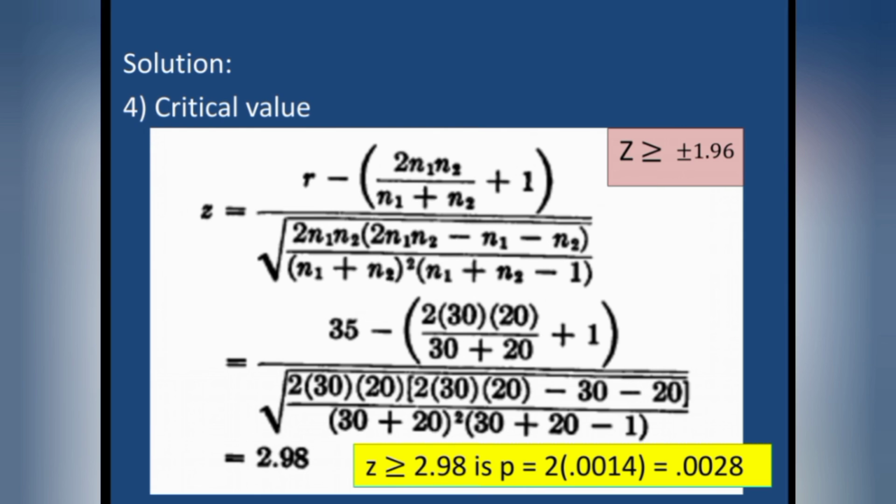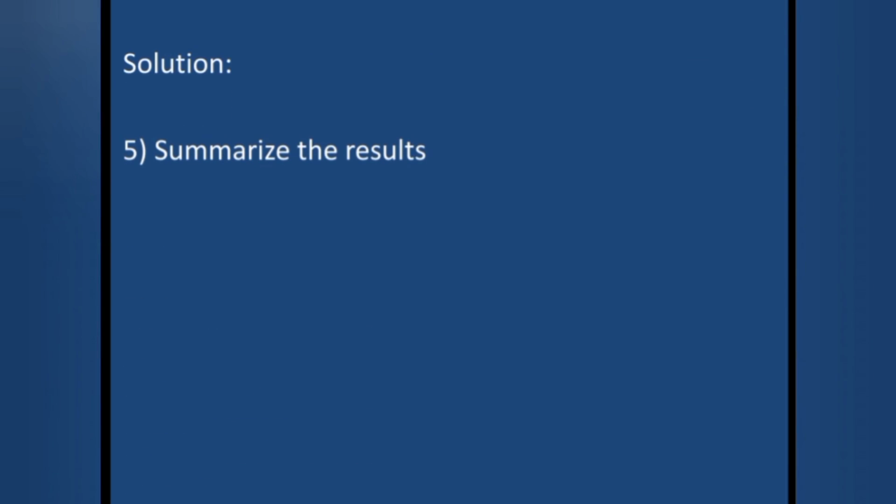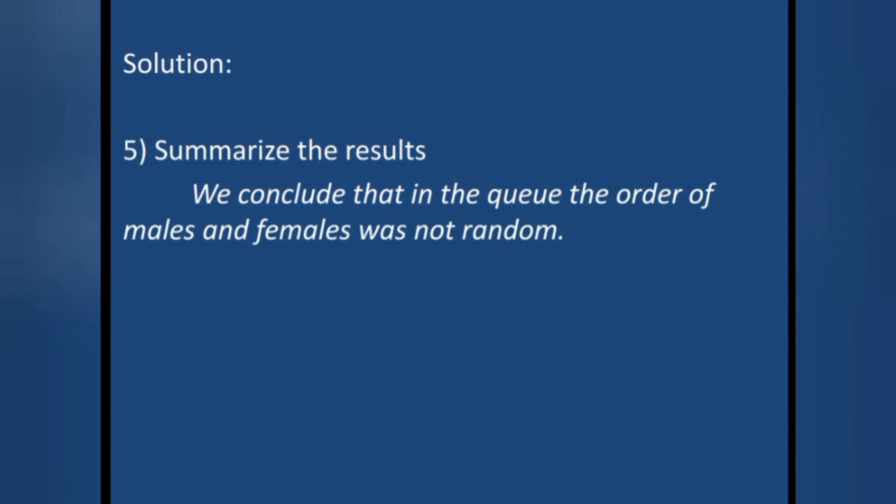So our decision is to reject the null hypothesis in favor of the alternative hypothesis. We conclude that in the queue the order of males and females was not random.